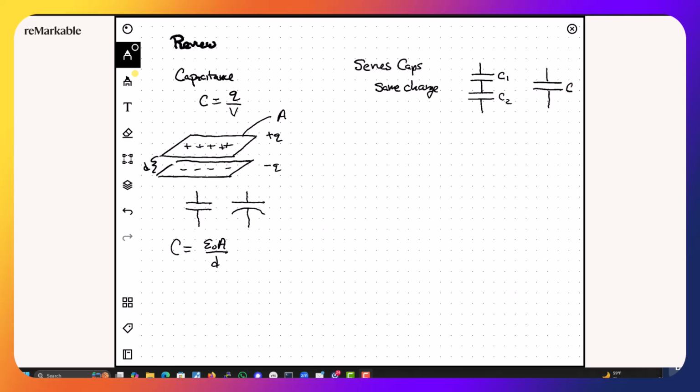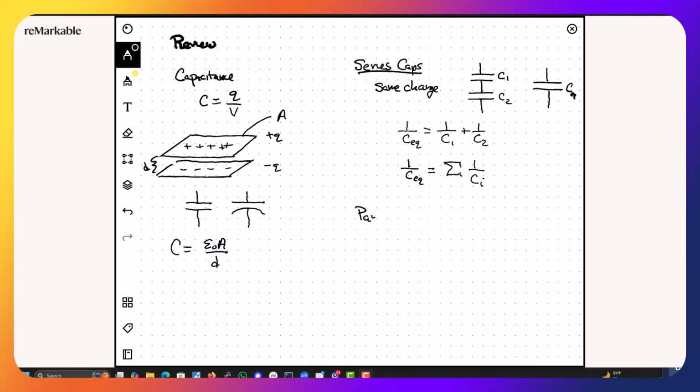We'll call that CEQ. And we can write that 1 over CEQ is 1 over C1 plus 1 over C2, or generally, for series capacitors, 1 over CEQ is the sum of the reciprocals. And you did that in lab or are doing it in lab. Okay, so that's series capacitors.